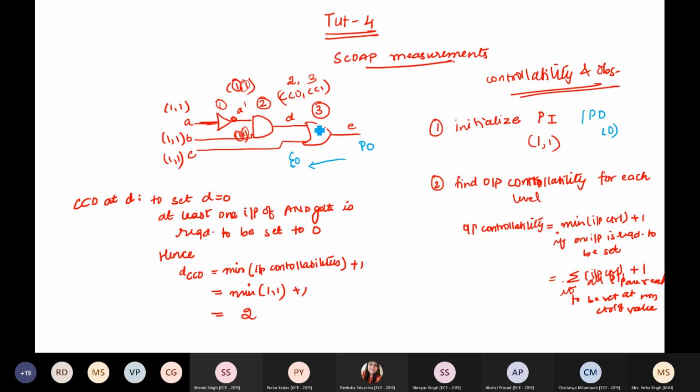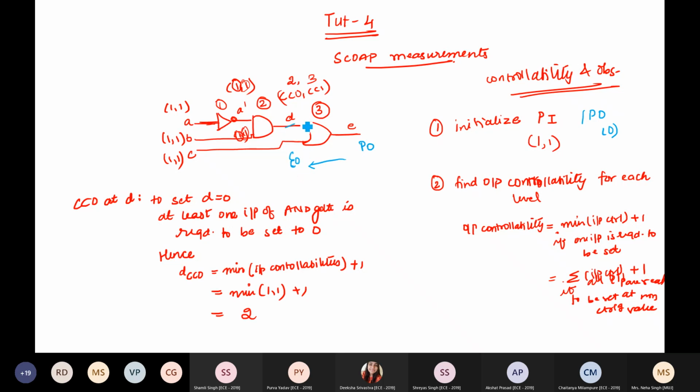ये मेरा OR gate है. OR gate का non-controlling value क्या है? 0. Right? So whatever is CC0 here, that will be added to the observability of the output plus 1. That gives me the net observability at this wire.